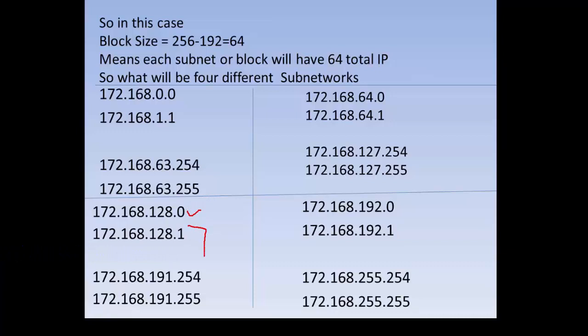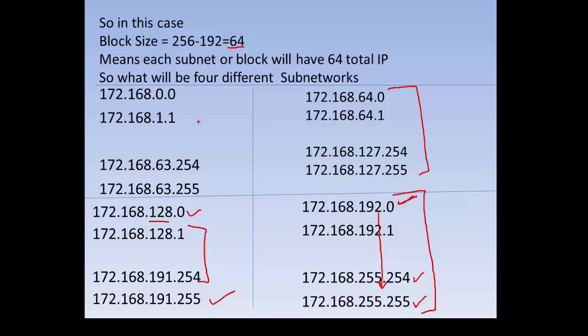Network, valid IP range, broadcast. This one is the fourth octet. 128 plus 64 is 192. So it keeps going up to 255. It will be the last valid IP, and it is the broadcast IP, and then the network ID for this particular block.